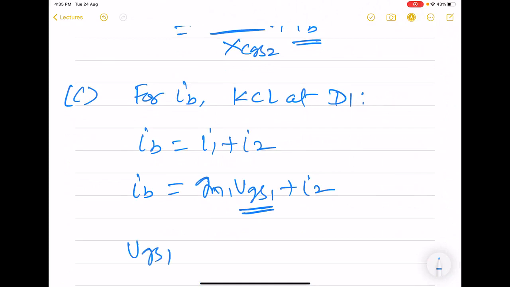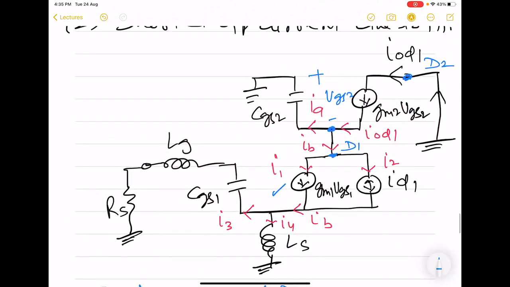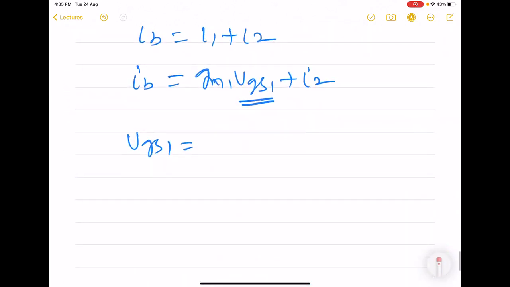So we know VGS1 is the current I3 flowing through CGS. So VGS1 is minus I3 flowing through CGS1. And now we have to find out I3.